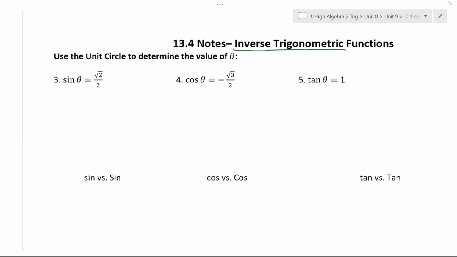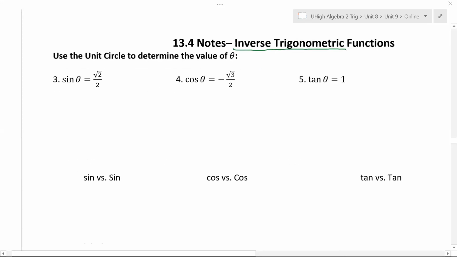So what I want to start with today is 3, 4, and 5, where we're going to look at what value gives us these outputs. You're going to want to have your unit circle out next to you so that you can be looking at each of these.